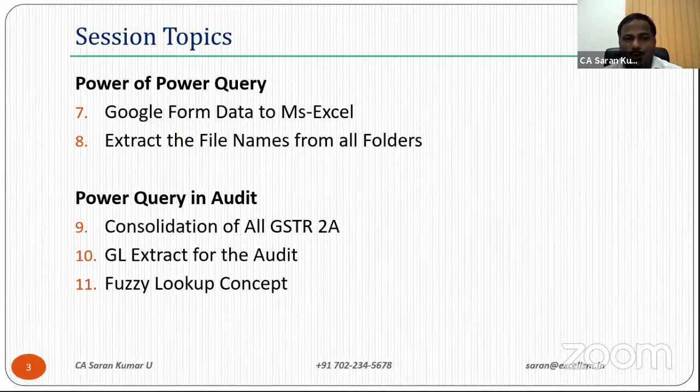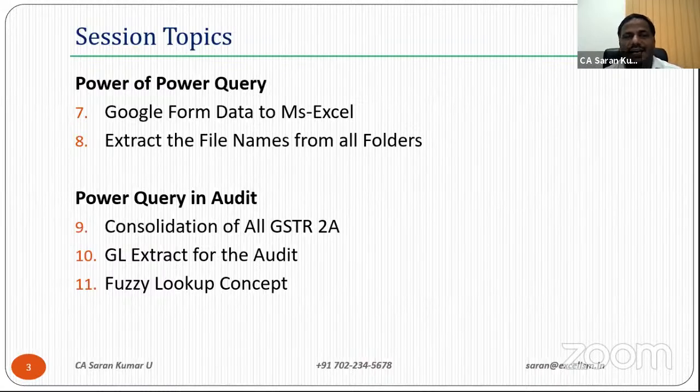Google Form data to MS Excel. Again, these days we are all working under the pandemic situation of COVID. All our staff are working at their home, and exchanging the information is very difficult. I'm sure you all know how to make a Google form to exchange the information between the members. But in the demonstration I'm going to show you, how can you get the Google form data directly into your Excel?